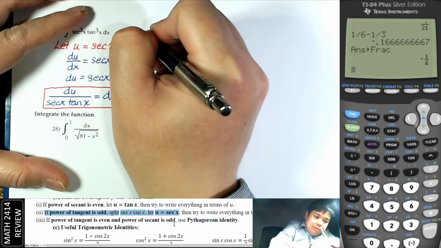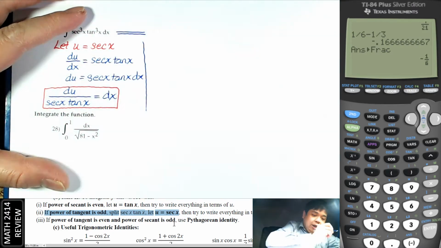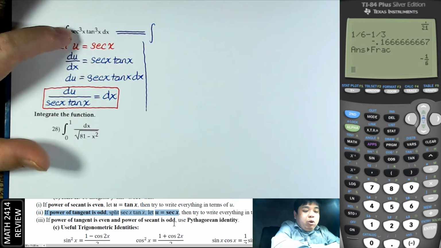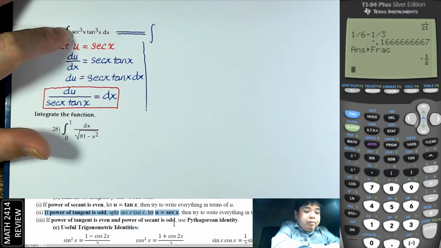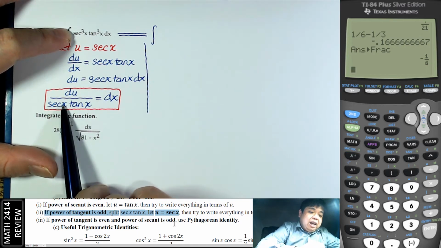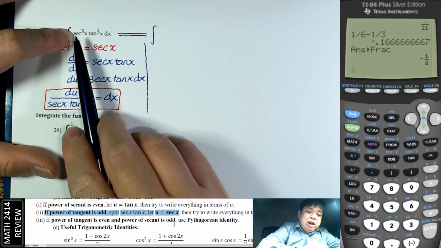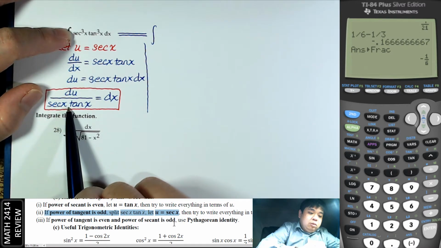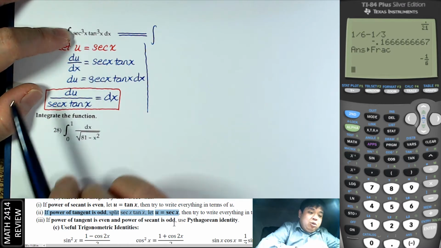Right. Now, we let u equal to secant of x. If we're going to let u be that one, now, because we have secant x and tangent x to cancel out, if we let that equal to u, well, we don't have the secant to cancel out.